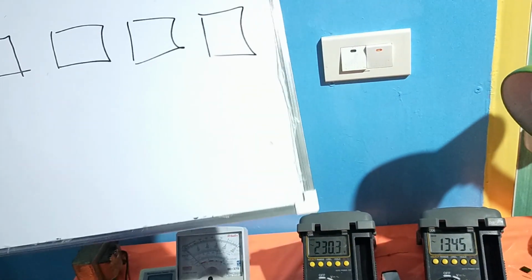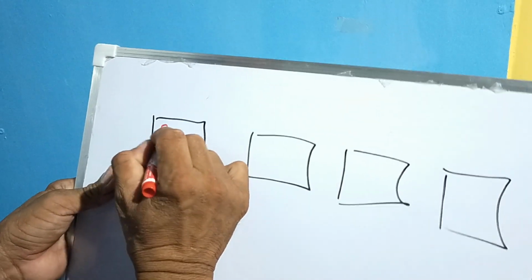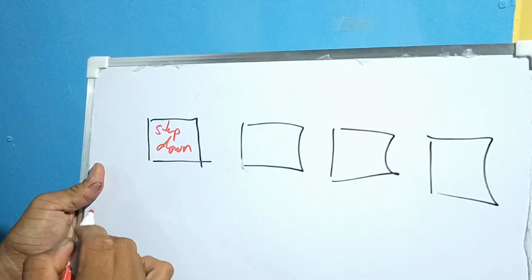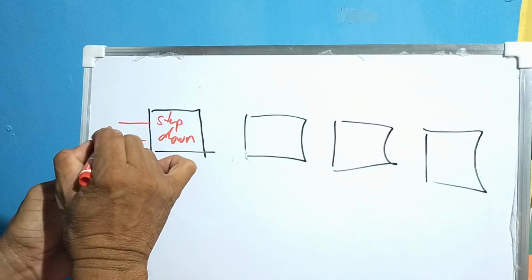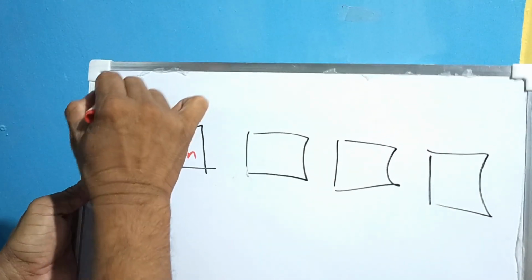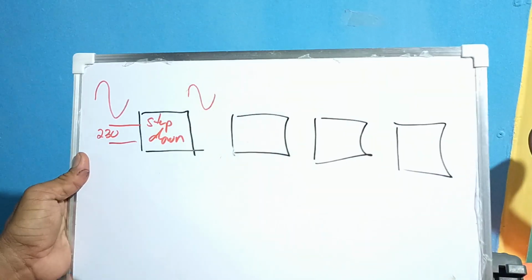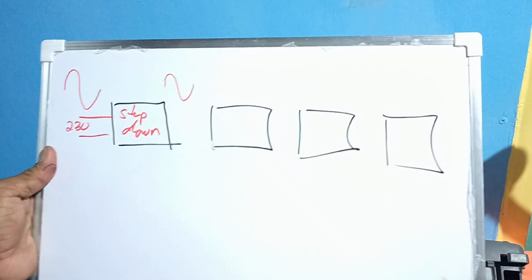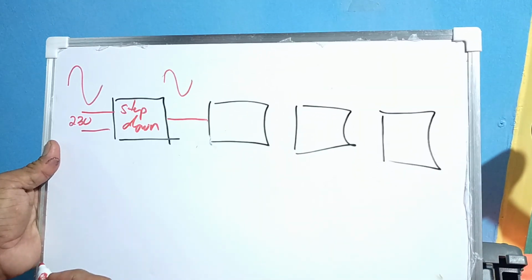The first stage is a step down stage, wherein the AC source voltage from the outlet, which is 230 volts AC, is lowered down into 13 volts AC before it is fed to the rectifier stage.